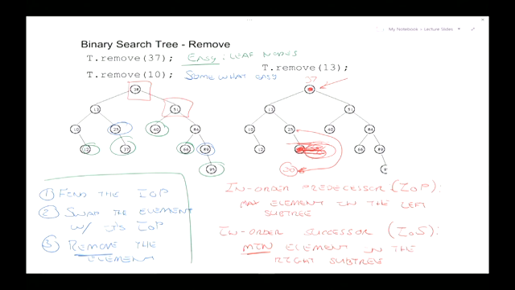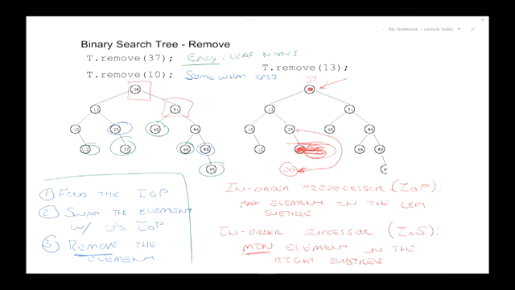So I have one question for you guys. We've defined this idea of the IOP as the maximal element in the left subtree. What happens if the element we're deleting doesn't have a left subtree? What's the IOP? Oh, awesome.